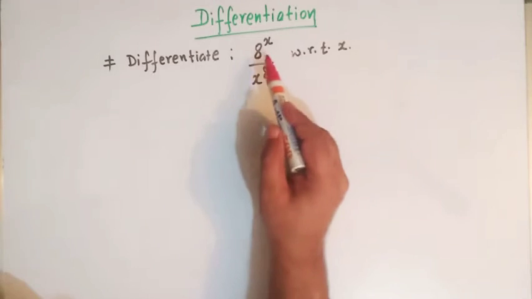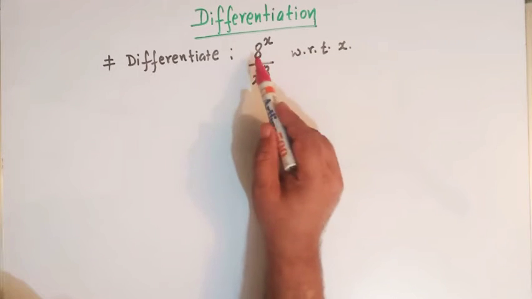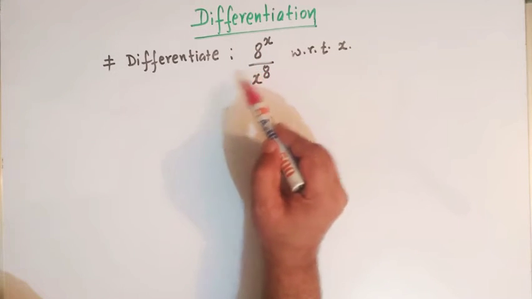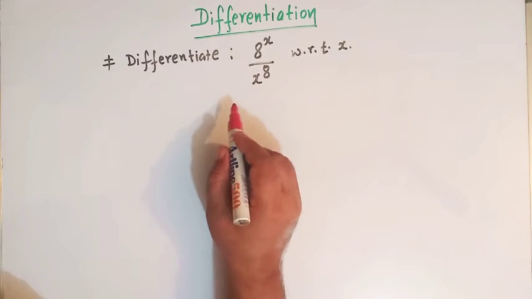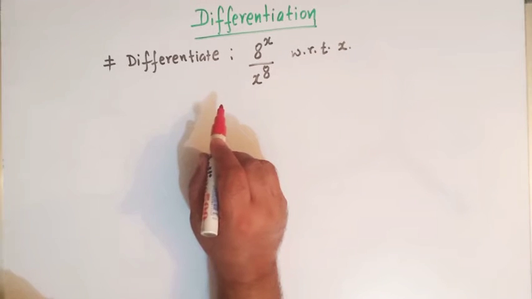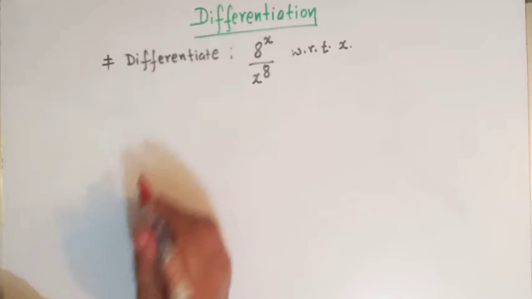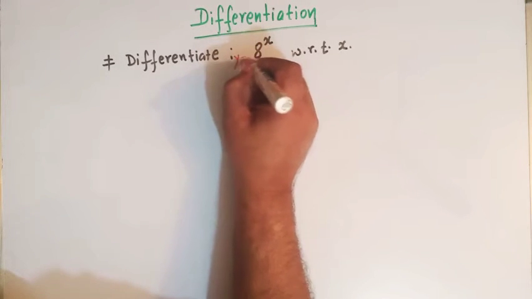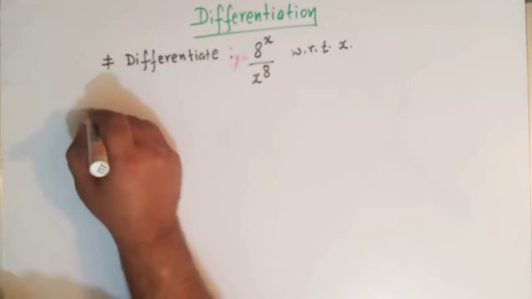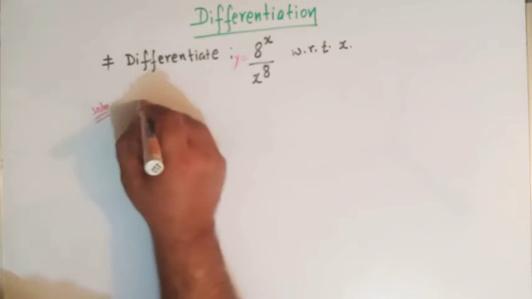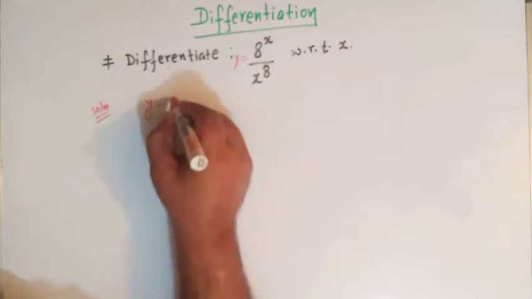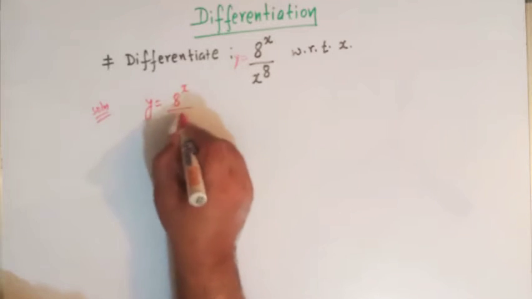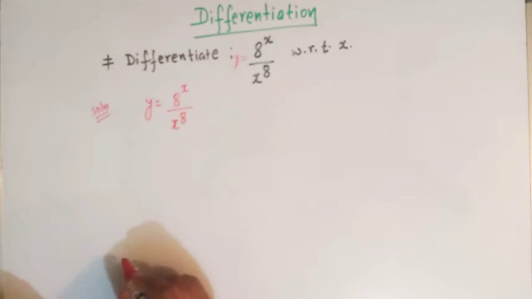We can also apply the quotient rule here, but we will solve it using the concept of logarithmic differentiation. So let us suppose that this function is y. So we have y is equal to 8 raised to x divided by x raised to 8.